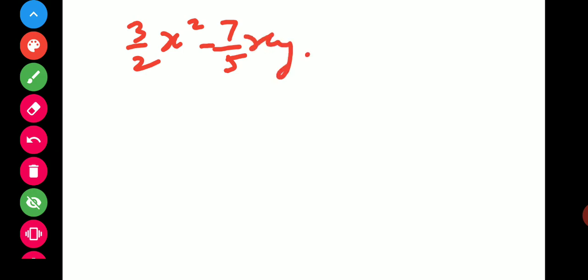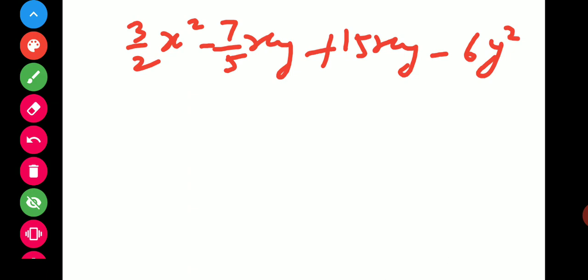You can write 3 by 2 x square minus 7 by 5 xy plus 15 of xy and minus 6 of y square. What happened in this?